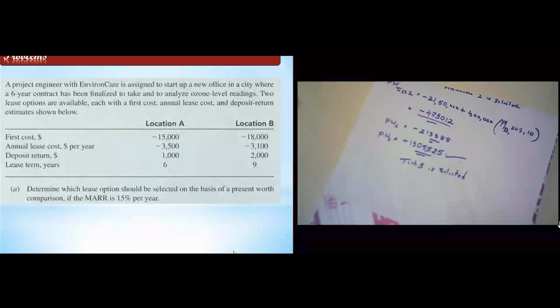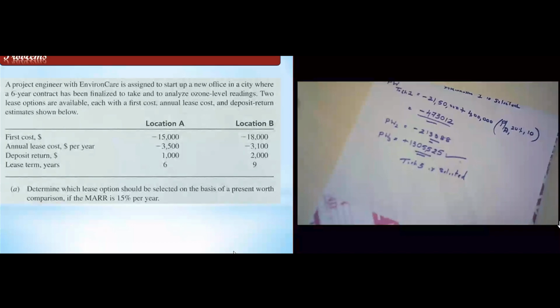Correct. The time period for the options is different. In the first three numericals which we have solved for revenue and cost dominated, we considered the same time period and calculated the present worth.